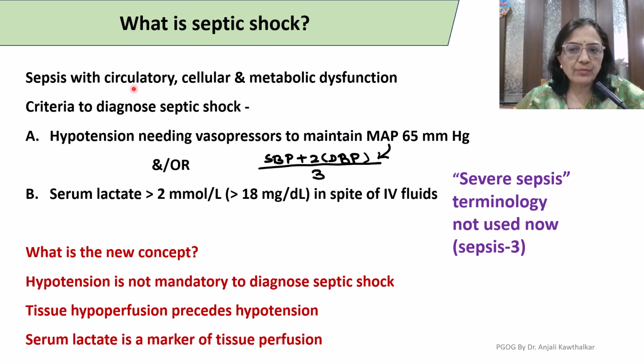So whenever there is maternal sepsis associated with circulatory dysfunction, that means there is a fall in blood pressure, tachycardia, decrease in the intravascular compartment, hypovolemia, or there is cellular dysfunction, which might be at various organs such as liver, kidney, lungs, or metabolic dysfunction, such as acidosis or increase in the lactate level.